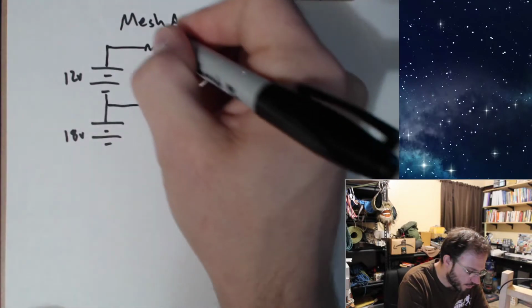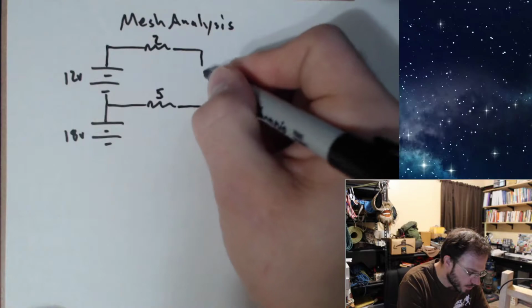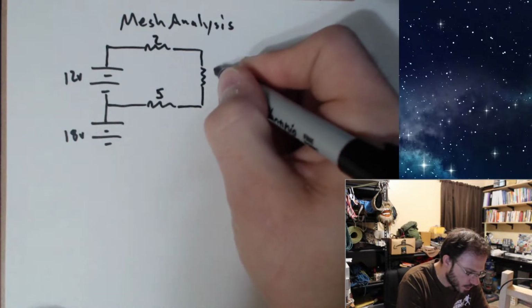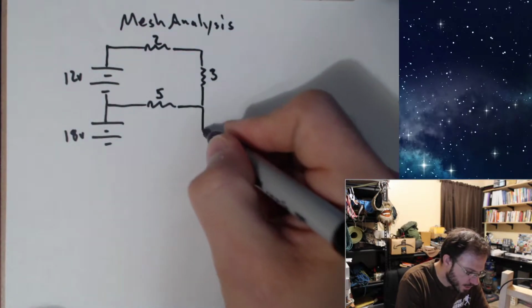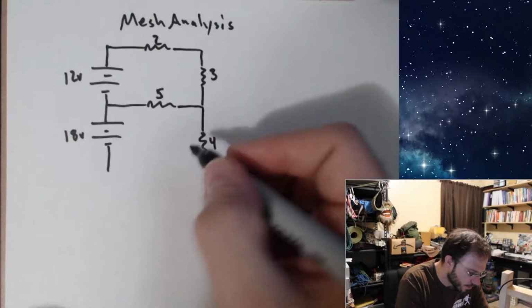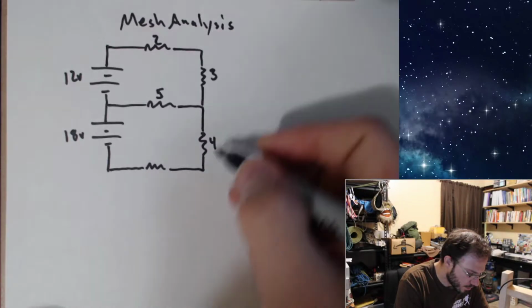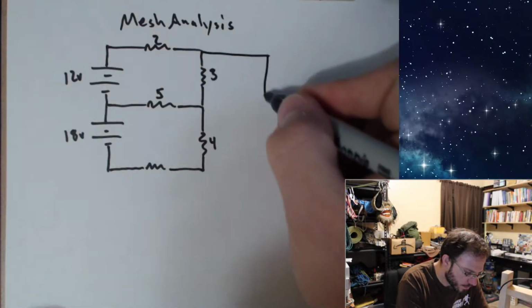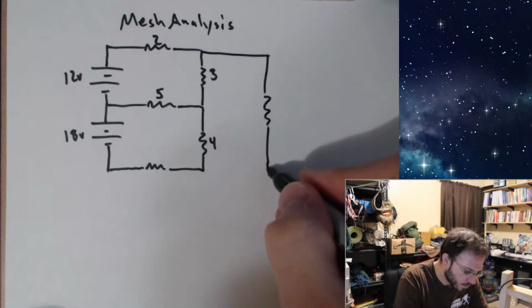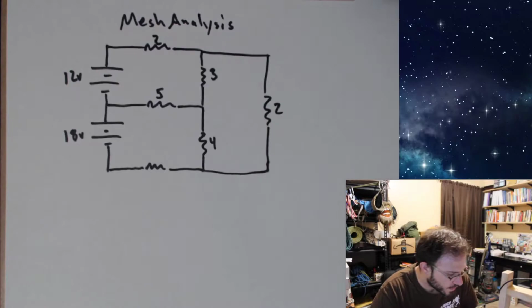We'll do a 5 ohm resistor here. 3 ohms, 4 ohms, and we'll do 2 ohms.